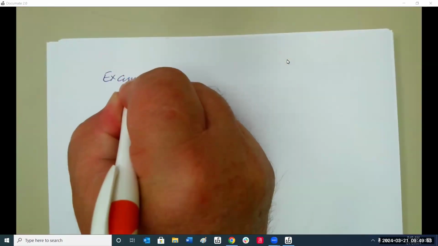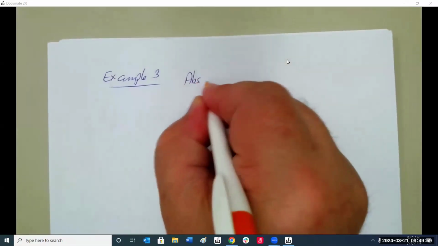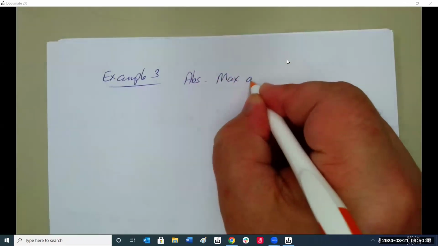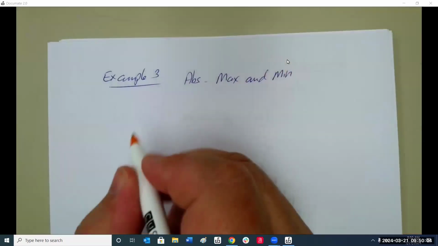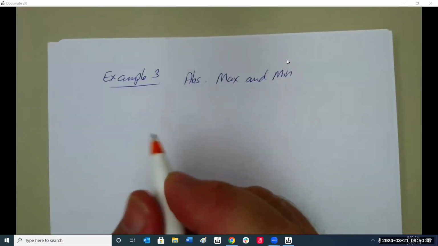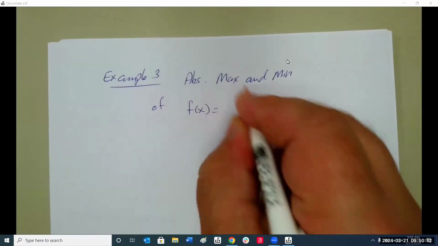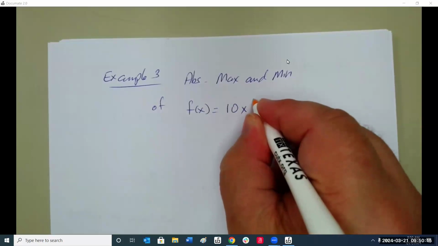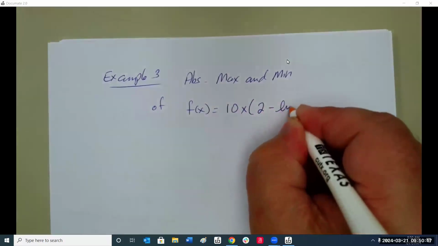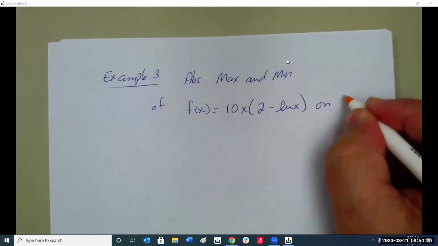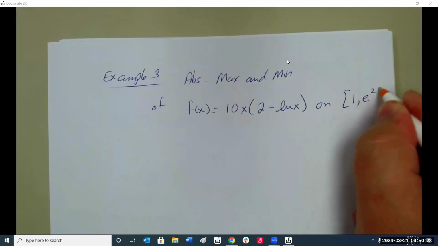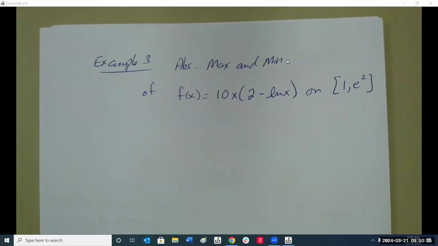This next one you're not going to like too much, but example 3. Find the absolute max and min. It says find the absolute minimum of f of x equals 10x times (2 minus ln x) on the interval 1 to e squared.